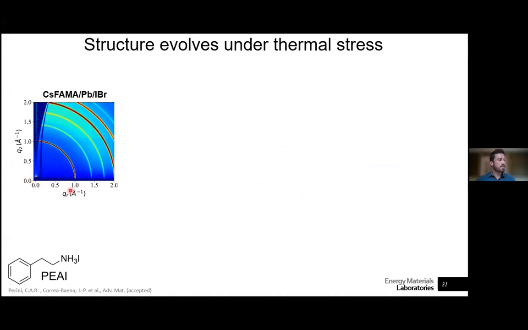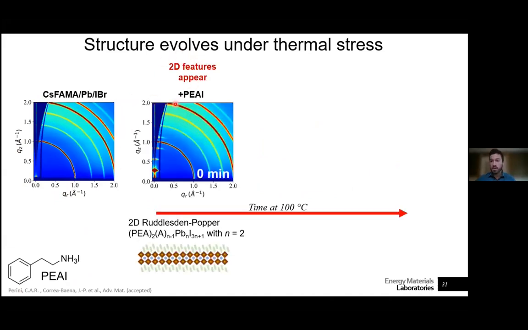And here we see the pristine film before the treatment. We see that the crystallites are randomly oriented at the surface, with a very nice clear diffraction from a cubic lattice. We introduce phenethylammonium, and immediately we see the appearance of diffraction associated with 2D structures at low Q values.